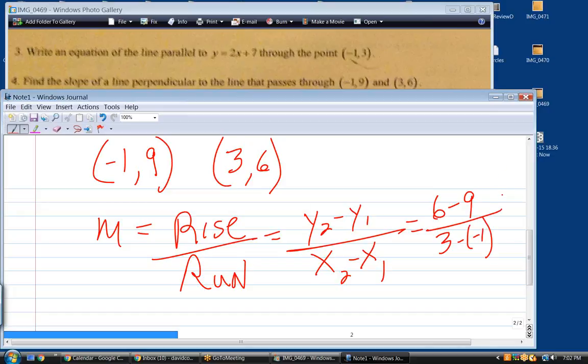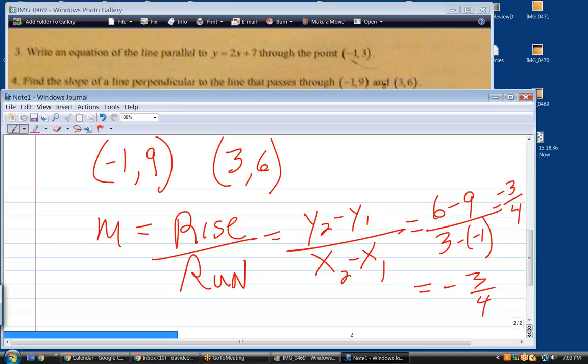What's the top? 6 minus 9 is minus 3. What's the bottom? Positive 4. So my slope is negative 3/4. That's the slope of the line between those 2 points.